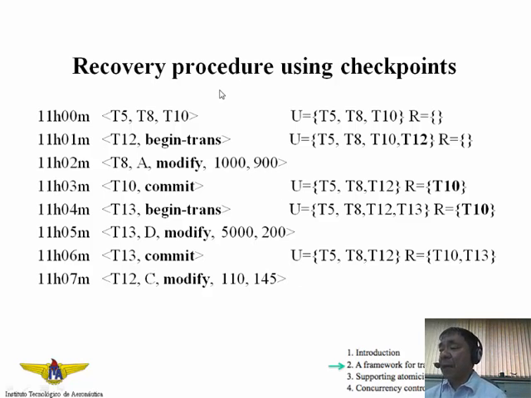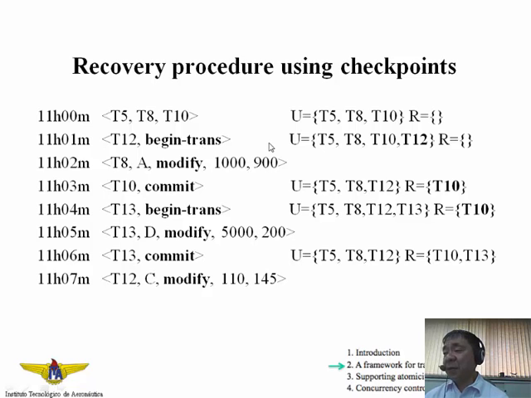So when you use the procedure to recover using the checkpoint record, you start the processing from the last checkpoint record. In this case, it's 11 o'clock. You see that you have 3 transactions, so you put these 3 transactions, T5, T8, and T10, in the undo set. The redo set is empty.